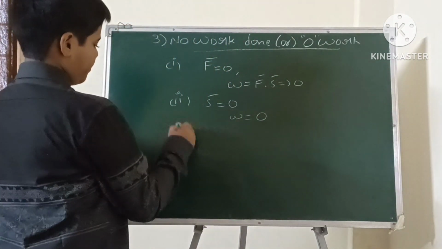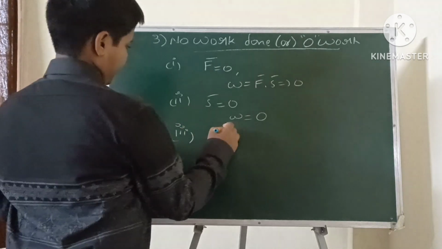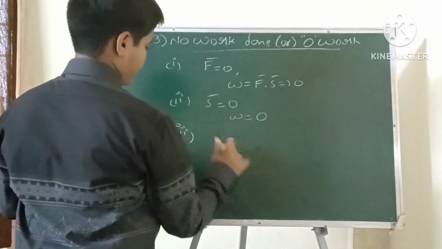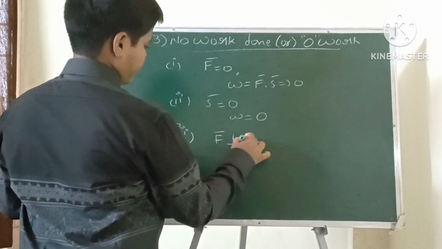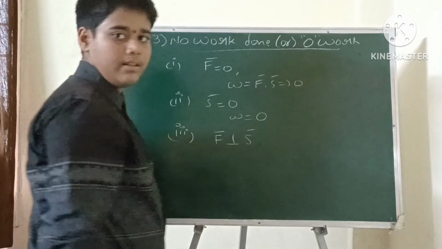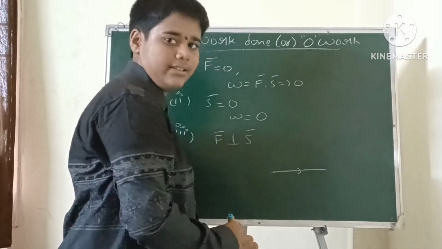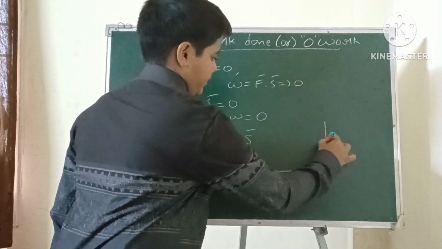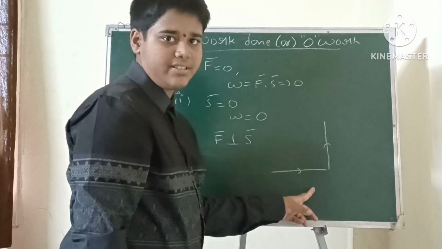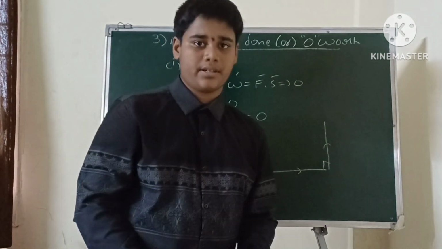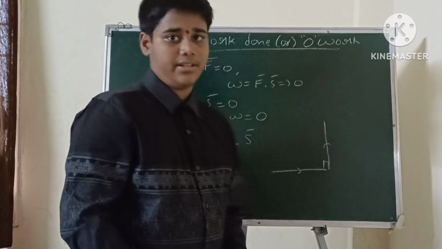Third case, when they are perpendicular. Force is perpendicular to displacement: force is like this and displacement is like this. When force and displacement are perpendicular to each other, zero work is done.